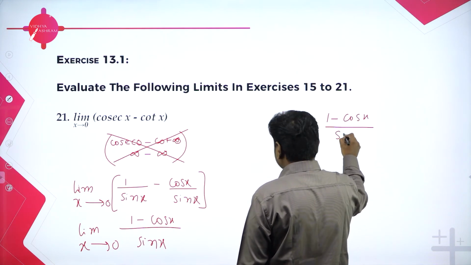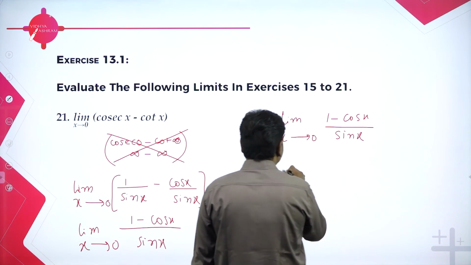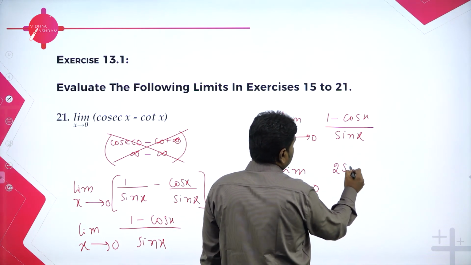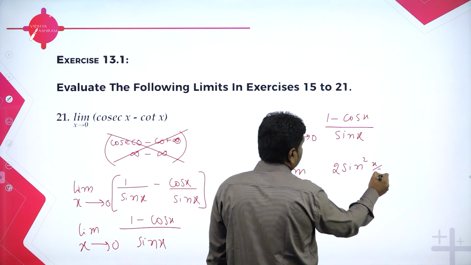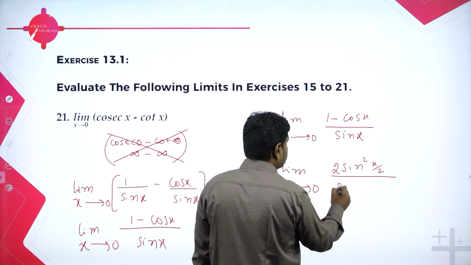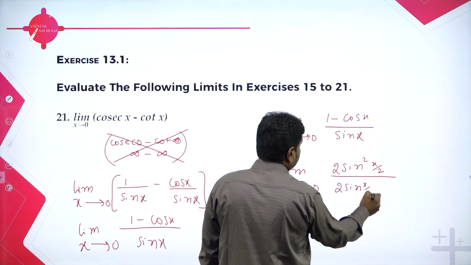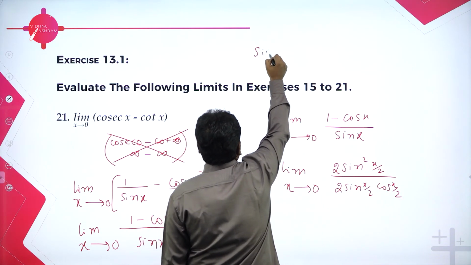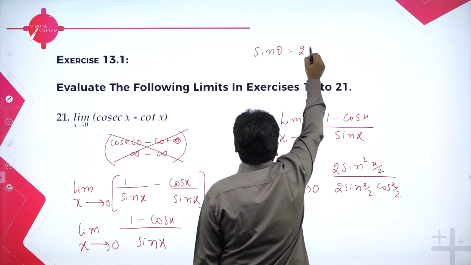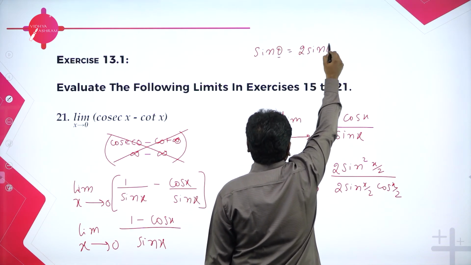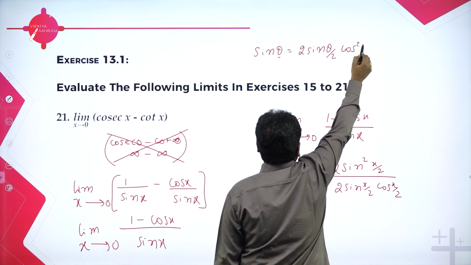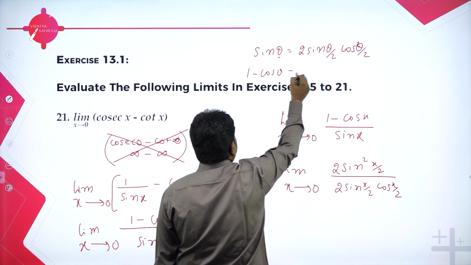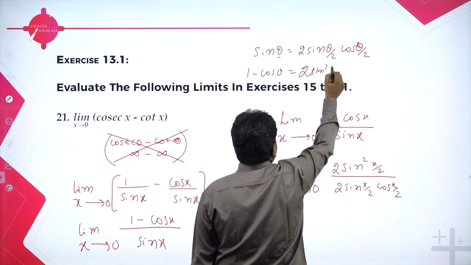So 1 minus cos x can be written using multiple angles. I already taught you, 1 minus cos theta can be written as 2 sin square theta by 2, and sin theta can be written as 2 sin theta by 2 into cos theta by 2.